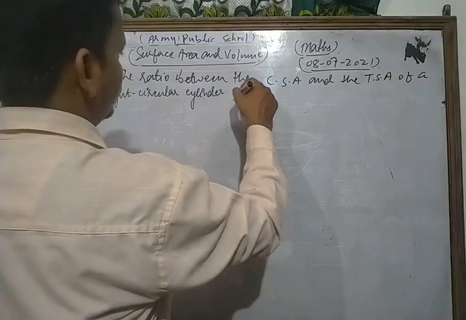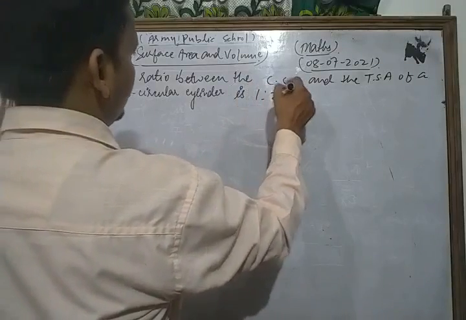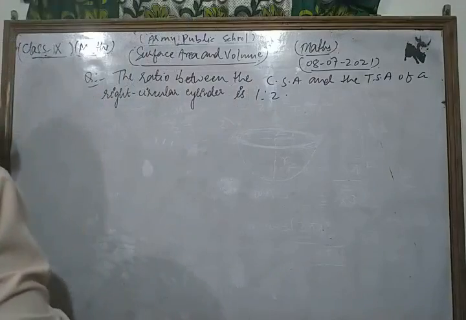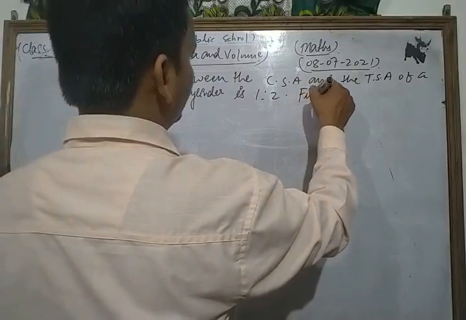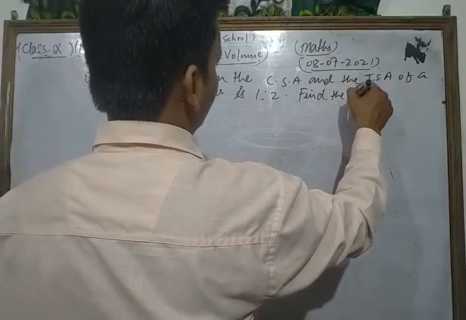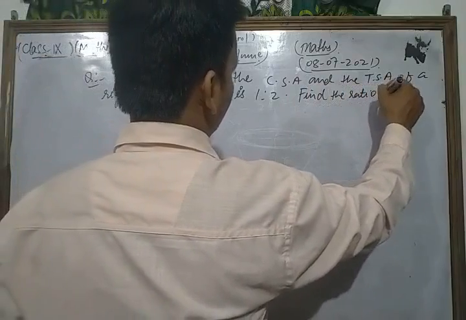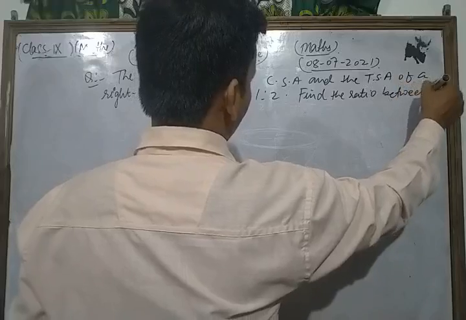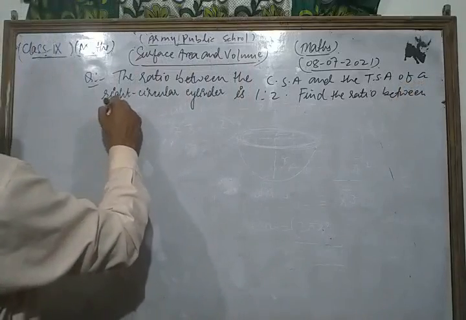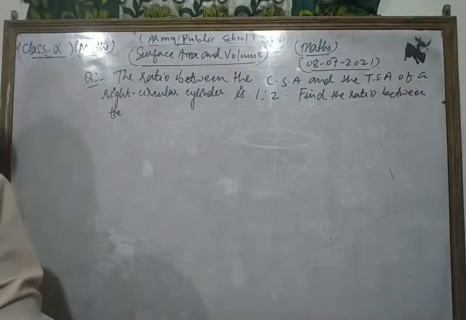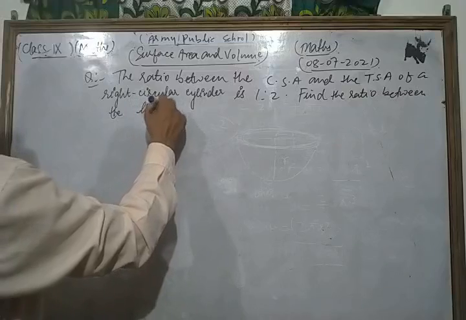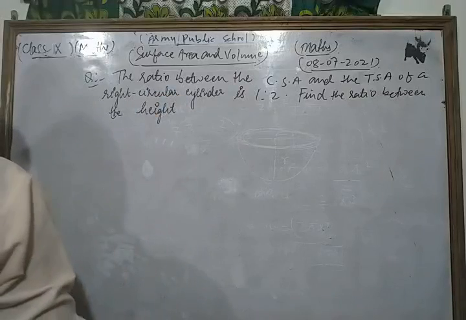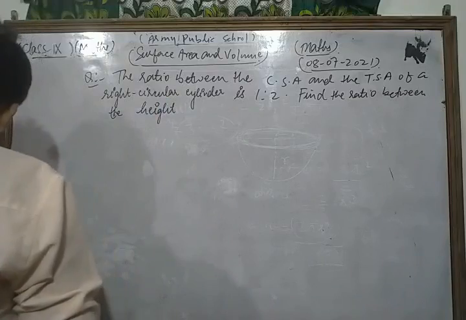The ratio is 1:2. Find the ratio between the height and radius of the cylinder.